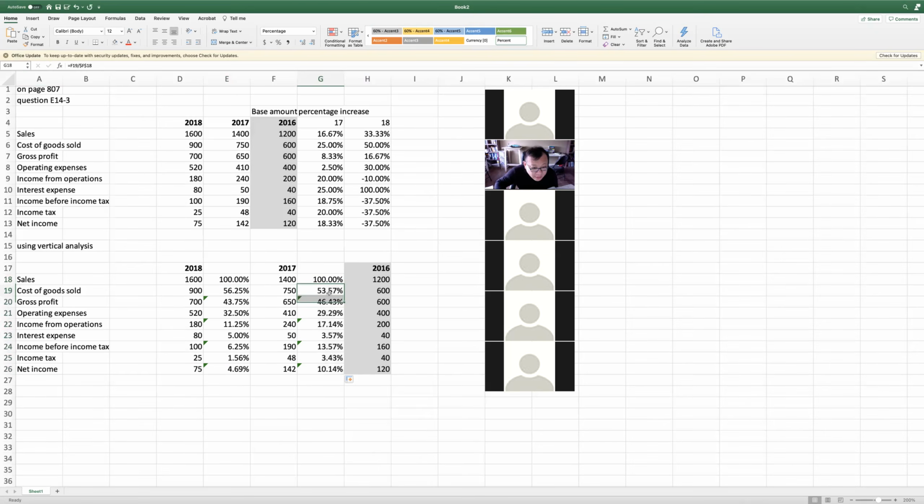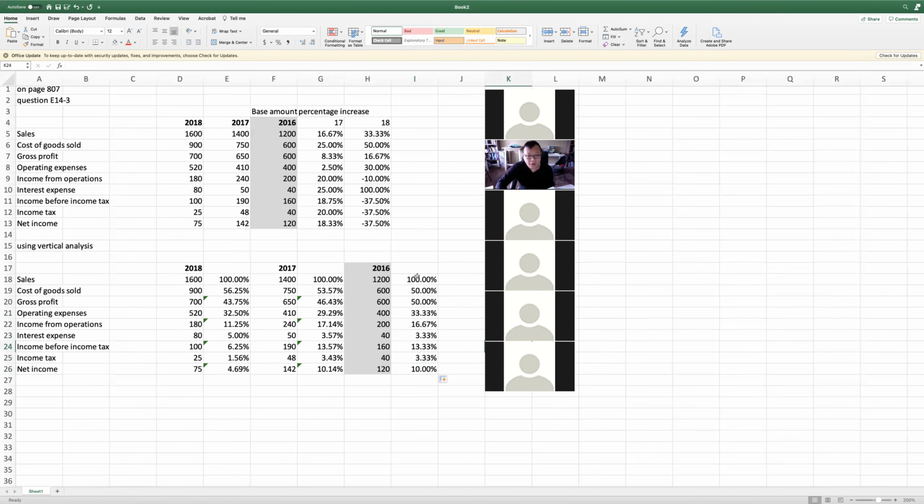Okay, so you can see that the gross margin is a little bit different, but relatively stable. And then for 2016, that's the number.